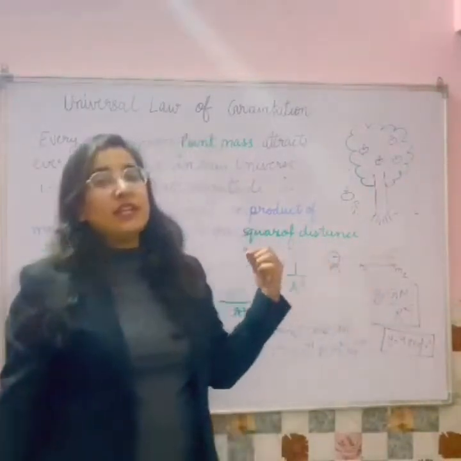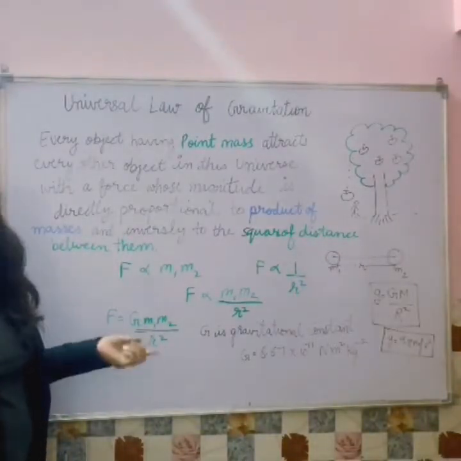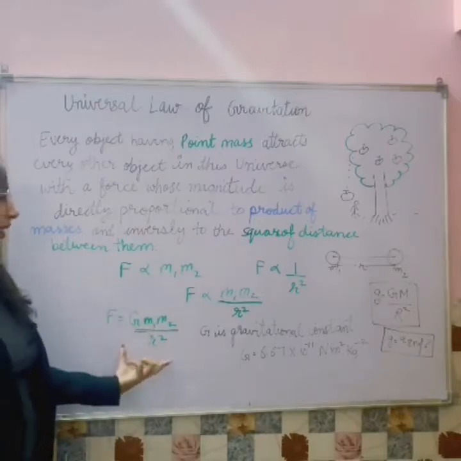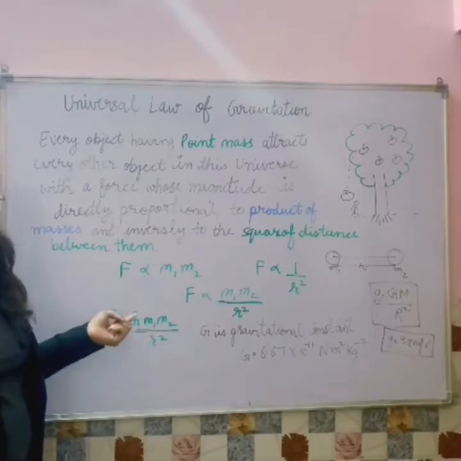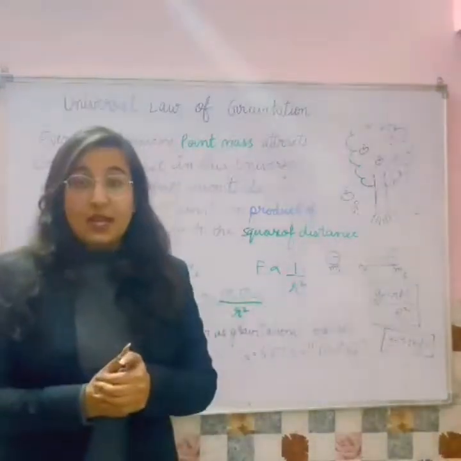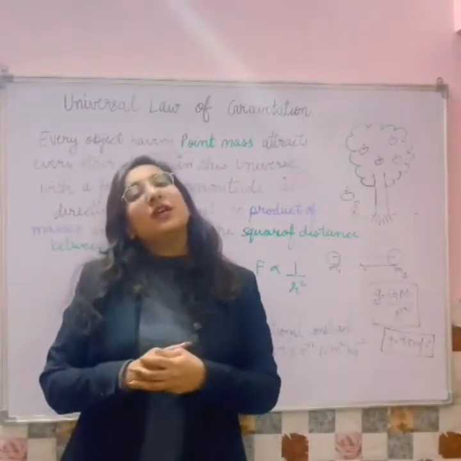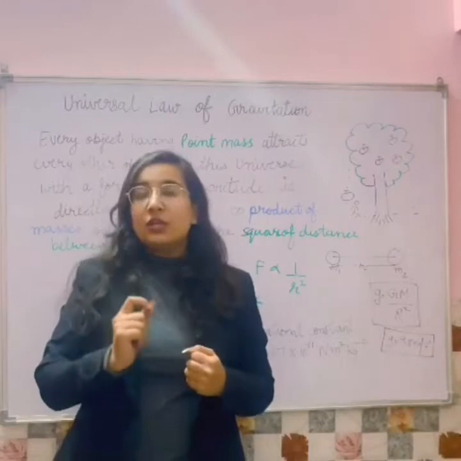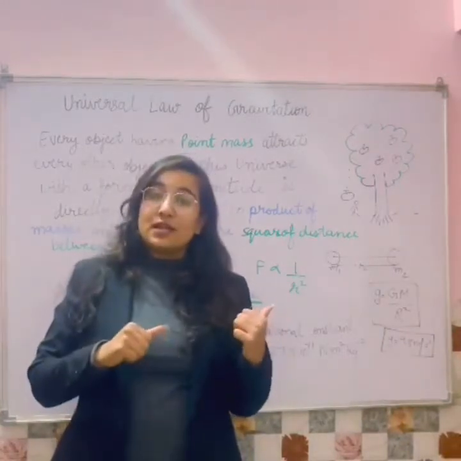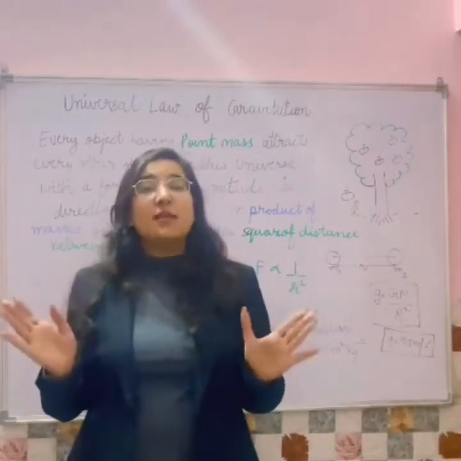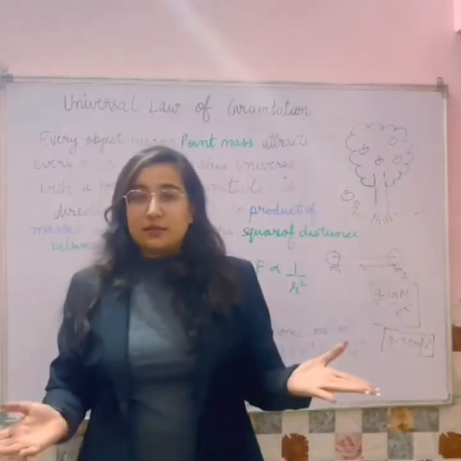According to Sir Isaac Newton, the force of gravitation is given by F = G m1 m2 / r². Here G is the gravitational constant, and its value is 6.67 × 10^-11 N m² kg^-2. This constant remains the same everywhere, whether you are on Earth, on Venus, or on Saturn.